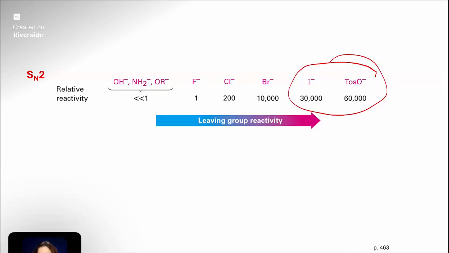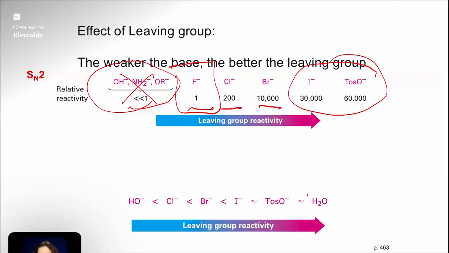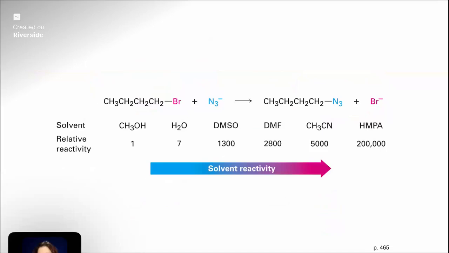Iodides, tosylates, mesylates, triflates are the fastest, the weakest conjugate bases, followed by bromide, chloride, fluoride, and generally anything more basic than the fluoride ion does not leave as a leaving group at all, and that includes negative charge on oxygen or nitrogen. And neutral water, which is from groups that are protonated prior to leaving, has a similar ability to leave as tosylates and iodides.